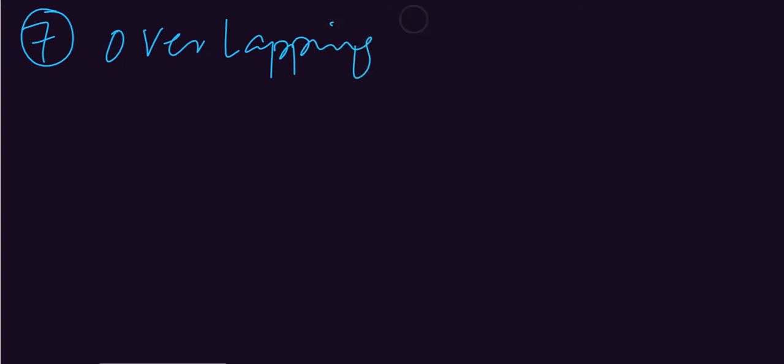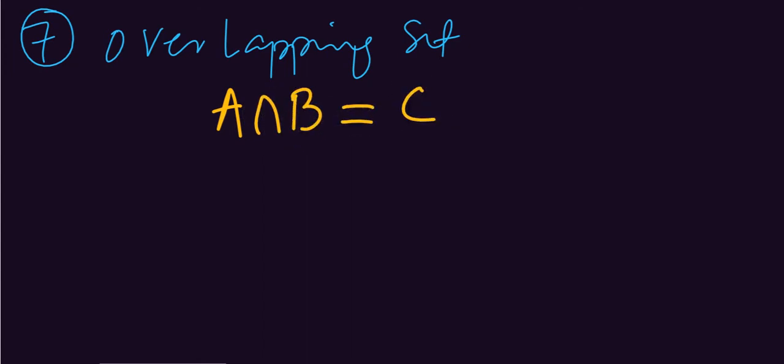Now moving further, the seventh one is overlapping set. What is an overlapping set? If the intersection of two sets is not null, but it gives us another set, then these sets are called overlapping sets. Let's suppose the intersection of A and B is not null, but it is giving us another set C. So A and B are called overlapping sets. I am giving an example.